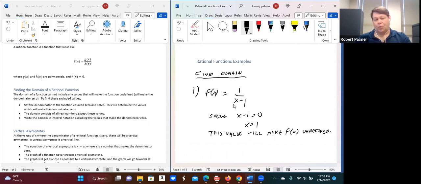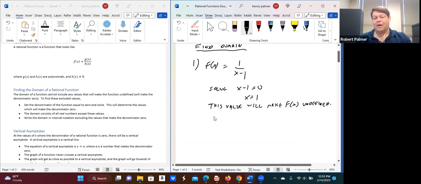We can see that if you plug 1 in for x, f of 1, we'd have 1 minus 1 equals 0. That would make it undefined. So this value also can't be in the domain. It can't be part of the domain.